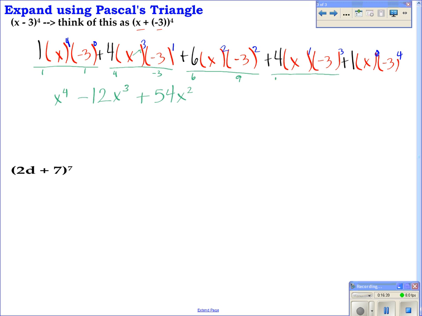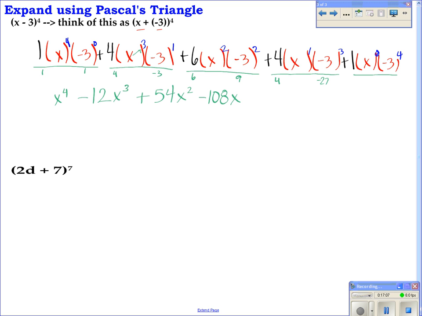On here, we've got a 4, we have an x, and what is this going to be? -27. So what's 4 times -27? And then just x, right?